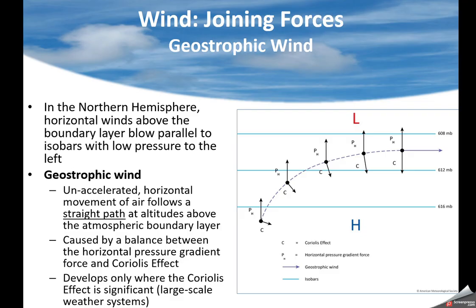Now we're going to get into a geostrophic wind. I showed you at the very beginning winds parallel to the 500 millibar contours. They do that because of the geostrophic wind. Geostrophic wind is a balance between the pressure gradient and Coriolis effect.